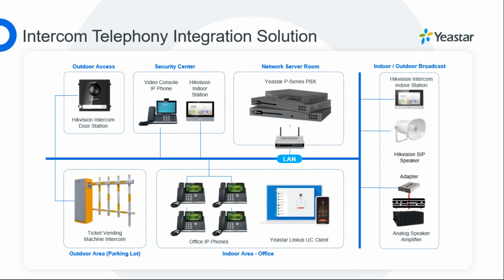and telephony system. So it basically means you can use your intercom to have the audio call with your phone system. And not just that, you can even use your IP phone, your mobile application or a computer, whatever it is, to control the door access. Like I got a visitor there, I want to open the door for him, but I don't want to go press the button on the wall, which is my indoor station.